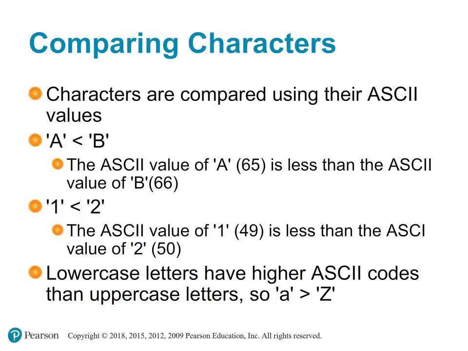Numerical characters are also compared based on their ASCII values. Here we see the 1 and the 2 enclosed in single quotes, so they are characters. The ASCII value of 1 is 49 and 2 is 50.